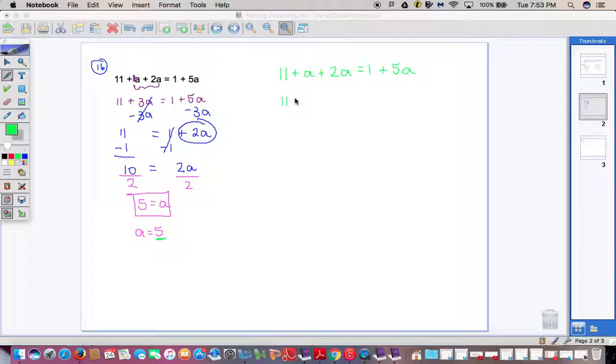So we have 11 + 5 + 2 times 5. And does that equal 1 + 5 times 5? Well, we've got 11 + 5 + 10. 11 plus 5 is 16, and 16 plus 10 is 26. So that's our left side. On our right side, we have 1 plus 25, which is 26. And 26 equals 26, so I know my answer is correct.